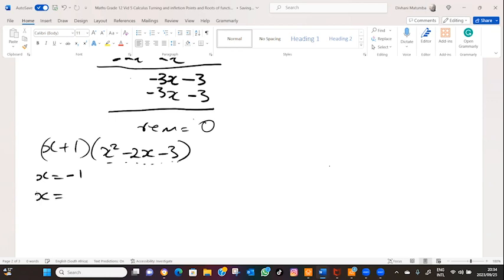Now, your x is given by minus b, which is minus your b, which is minus 2, plus or minus the square root of b squared, which is minus 2 squared, minus 4ac.